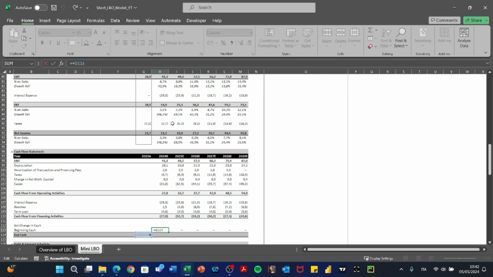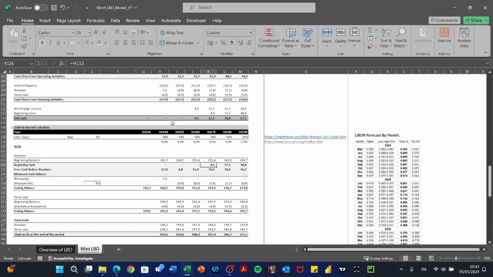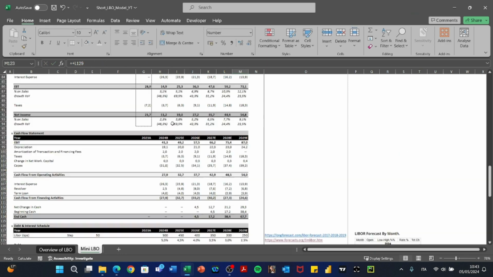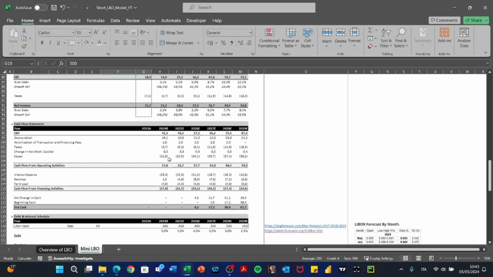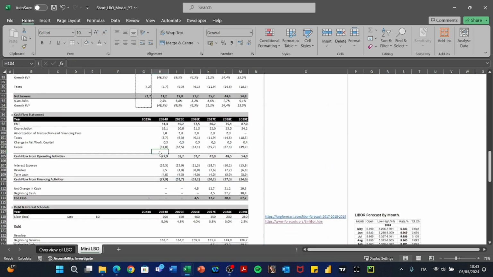Then the net change in cash with the sum of these two. So it should be 4.5 million. We will not exceed our maximum amount of available. Perfect.